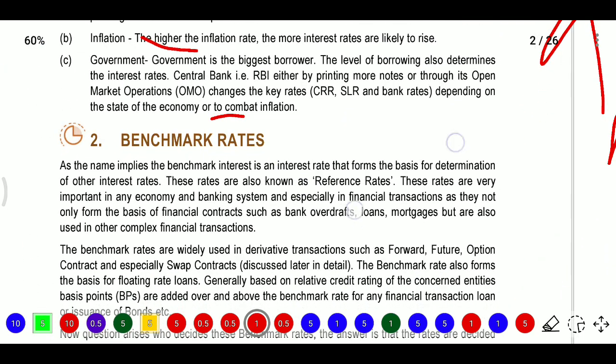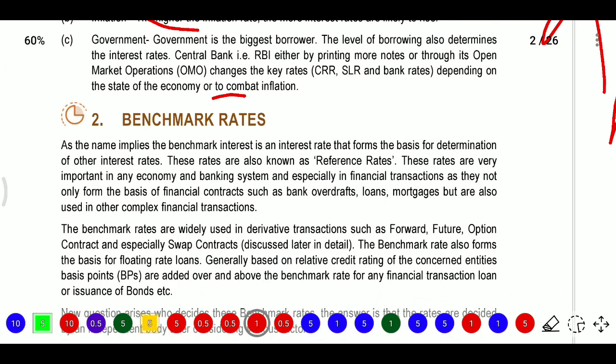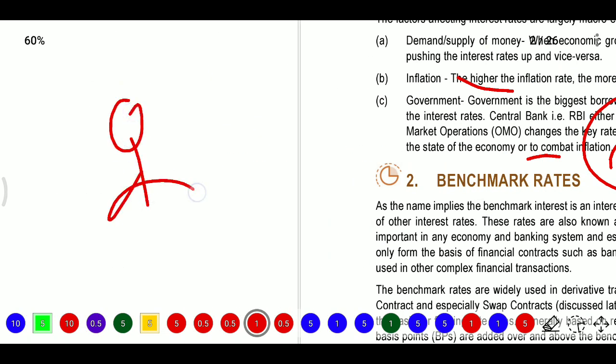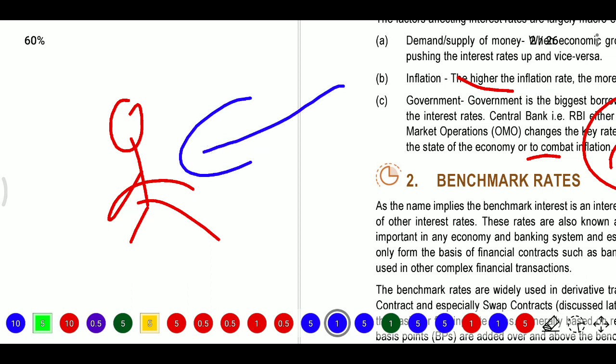Next, firstly we need to see benchmark rates. Here the benchmark rate means one ideal rate, one standard rate. A benchmark interest rate is an interest rate that forms the basis for determination of other interest rates. Think of an ideal person: if one person in a company is working in a good manner, then any other person who comes in will look at this person and take suggestions from them.